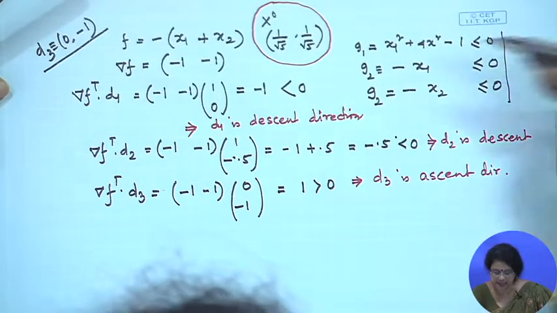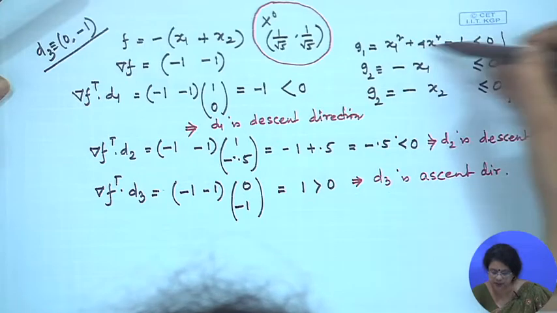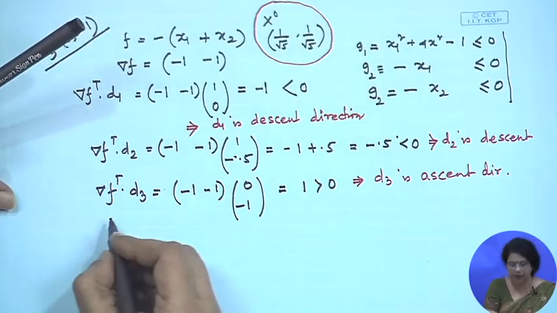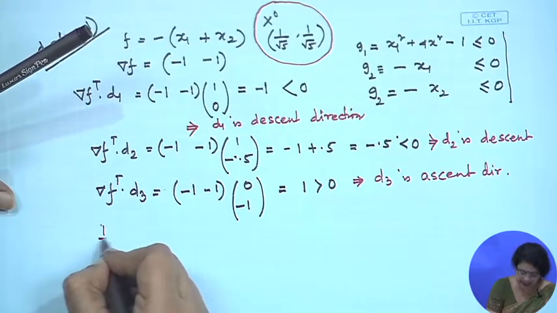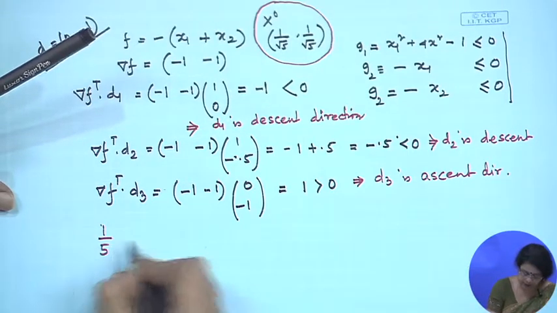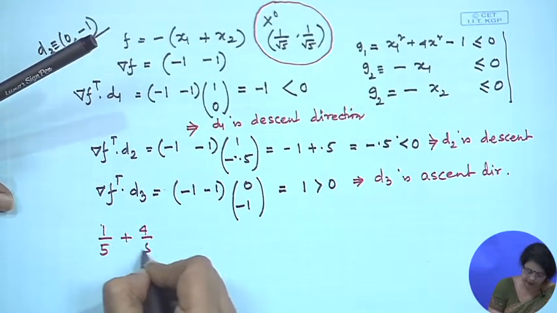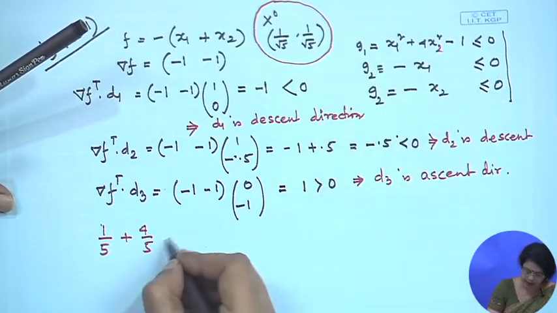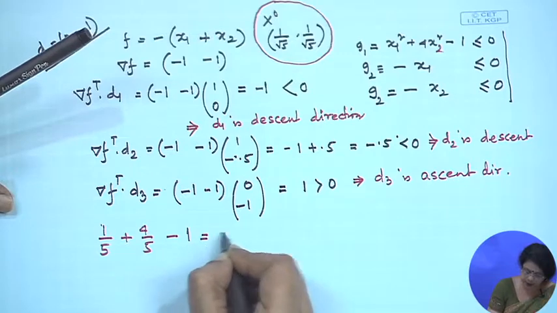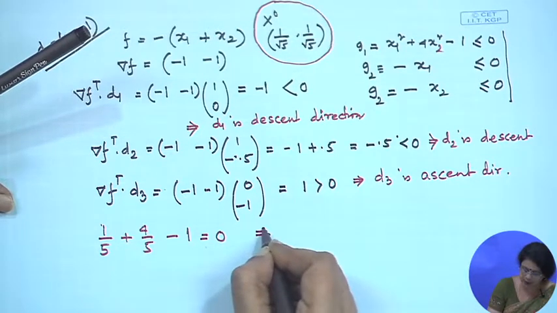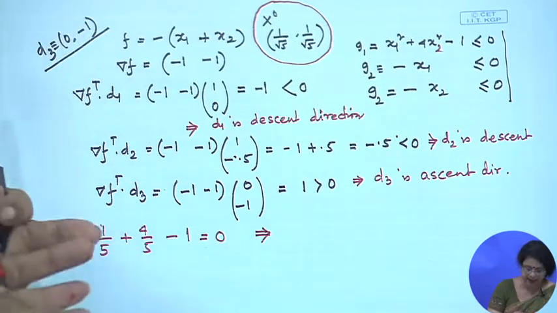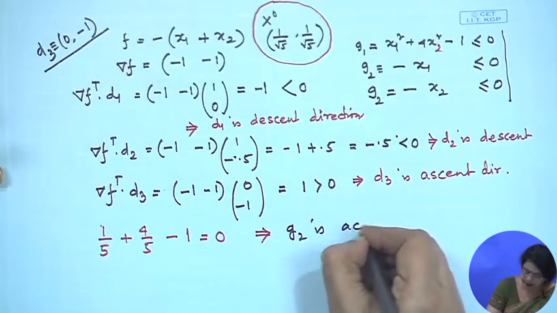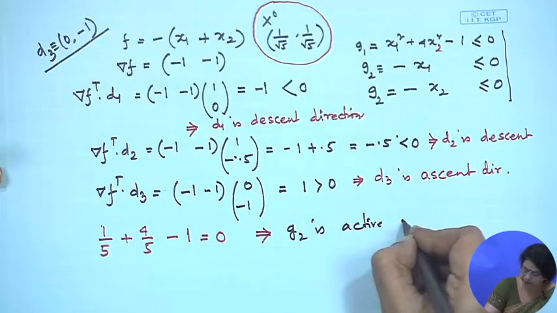This is not active, but let us see whether this point satisfies this or not. If I just substitute the values here, then 1 by 5 plus 4 by 5, that is x1 square plus 4 x2 square minus 1, this is equal to 0. That is why we can conclude from here that g1 is the active constraint.